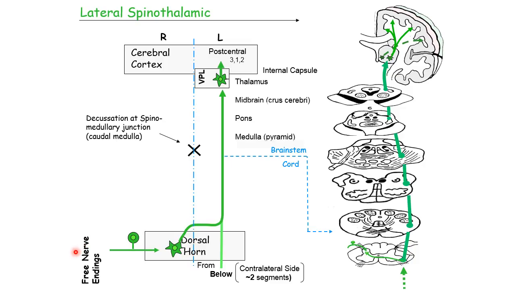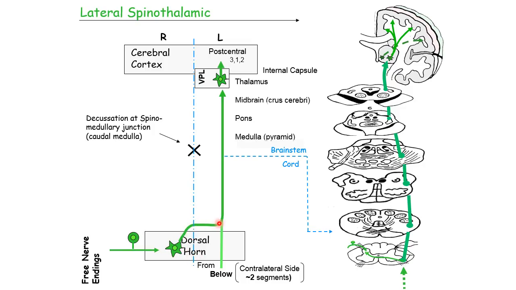Recognize the free nerve endings are prior to sensory input, dorsal root ganglion, then dorsal root comes in. Fibers may travel up or down one or two segments in Lissauer's tract, synapse in the dorsal horn on a second-order neuron. The second-order neuron travels over to the other side within a segment or two.